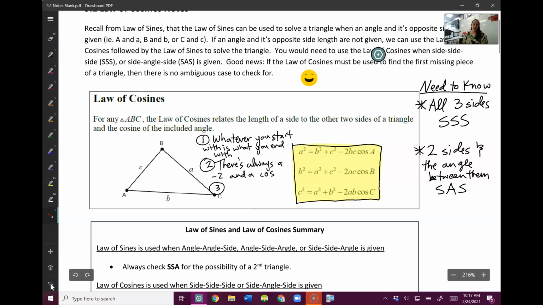Kind of like your Pythagorean theorem. A squared plus B squared equals C squared. So whatever you start with, the next two things are the other letters squared and added.